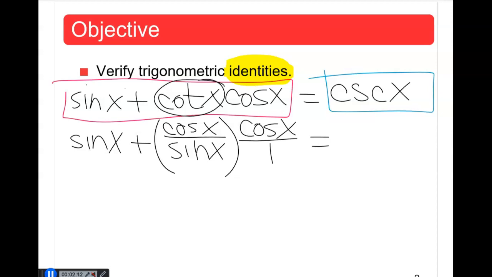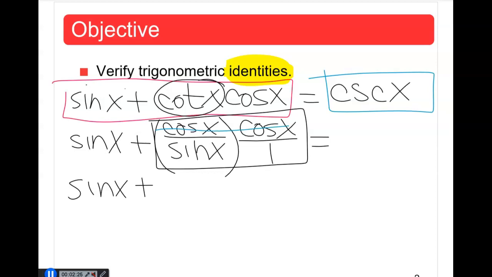Okay, now what I'm going to do is multiply the fractions that I have here. And so I will have sine x plus numerator times numerator. So cosine x times cosine x is going to give me cosine squared x. And on the bottom, I'm going to have sine x. I'm doing nothing to the right side.